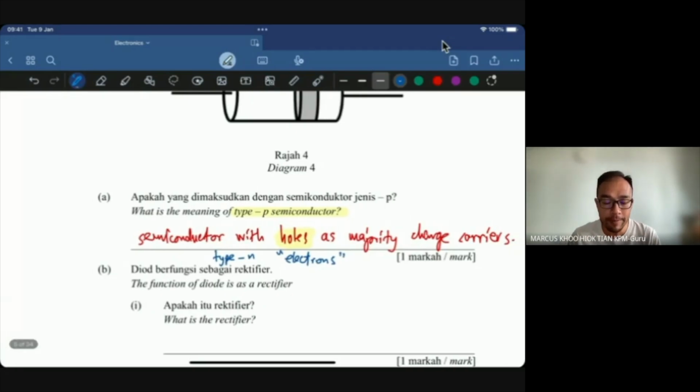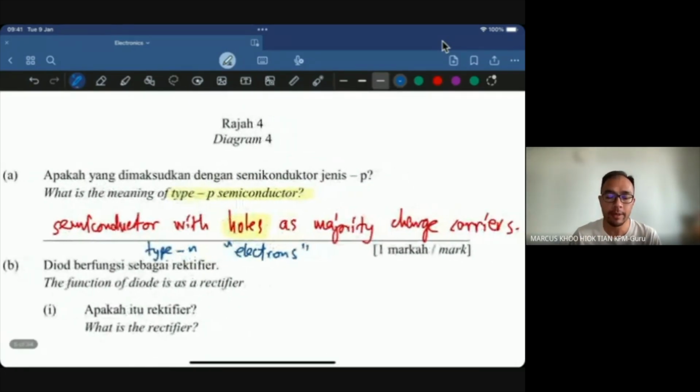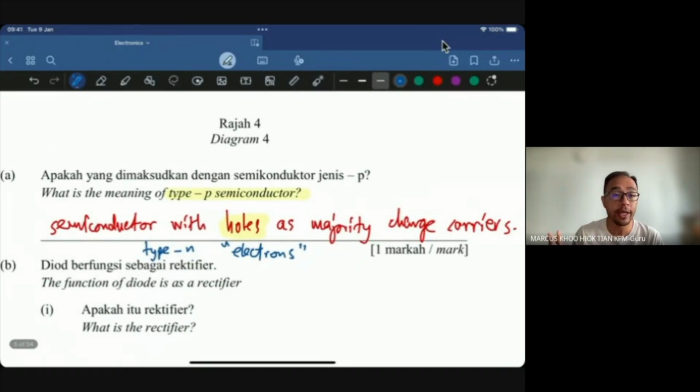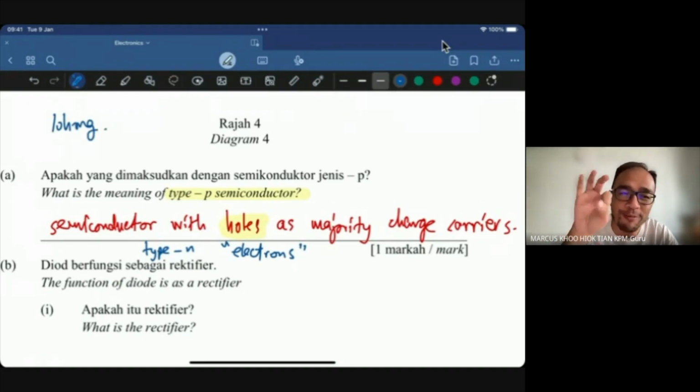Type P semiconductor is a semiconductor with holes as majority charge carriers, whereas type N semiconductor is a semiconductor with electrons as majority charge carriers. The word holes is not what we think of as holes in the ordinary sense. In Malay, the word holes is lohong. It's a slightly different thing. It's not an electrical component that has holes in it. It's just that these particular charge carriers are called holes.